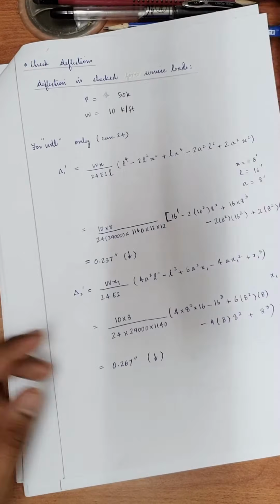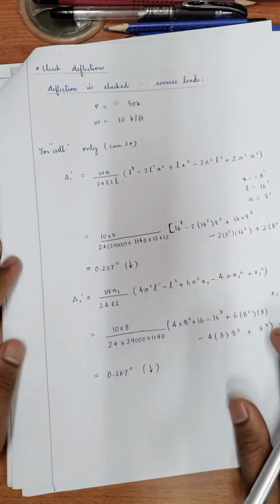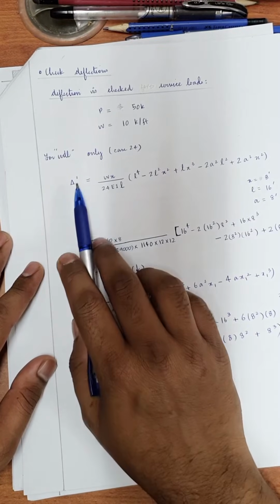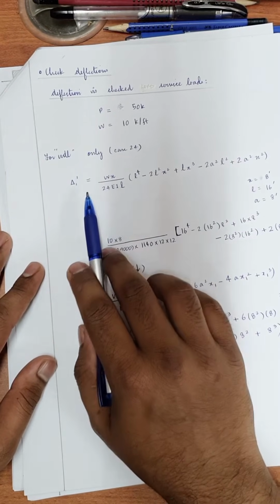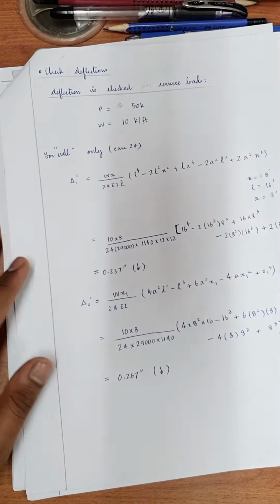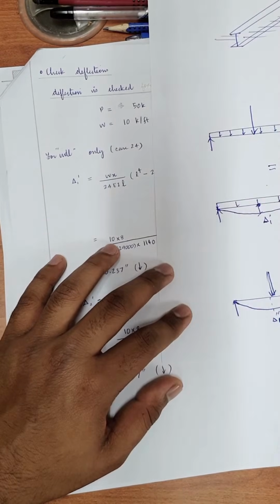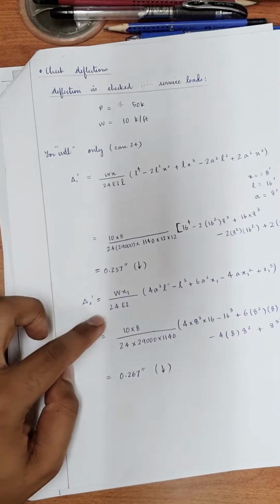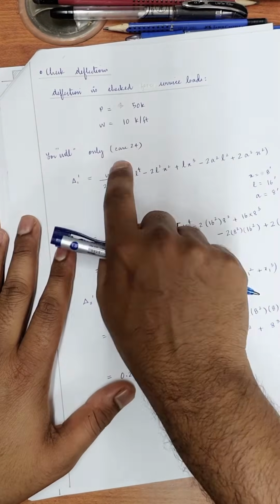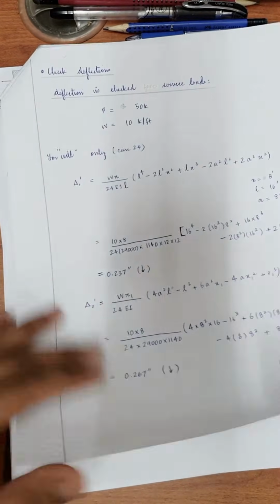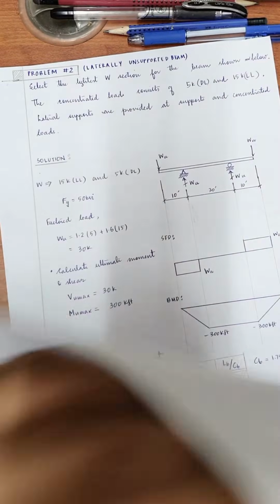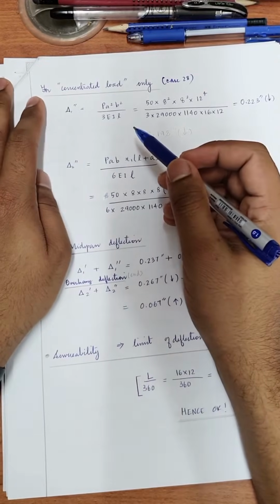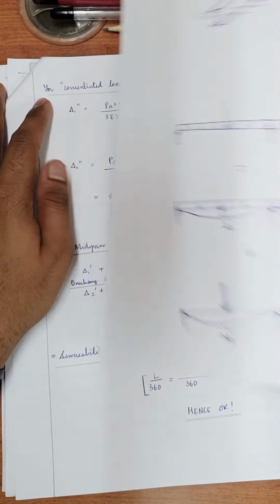So from case 24 you find the two required deflections. One is delta 1 dash over here, and this deflection is calculated using the equation which is available in case 24. Now for the concentrated load, which is case 28, as we discussed, we need to find two deflections.